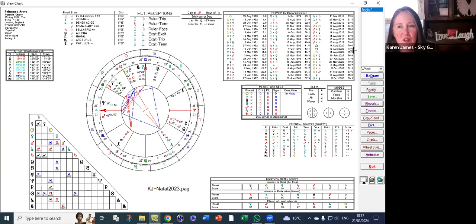So if she comes to see me now, she's still 73, because we haven't got to 15 August 2024 yet. So she's 73 and a half. And so straight away I've got her age, and that can help me with future techniques.